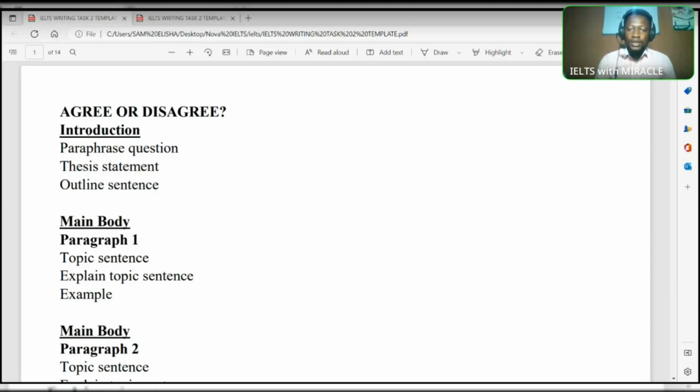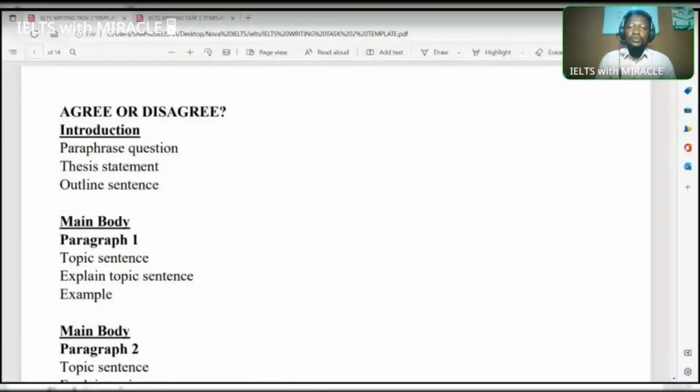Now, it's expected that the kind of vocabularies that will be in your writing will be words like learners, students, teachers, right? Learning, words like teaching, right? Course, subjects.